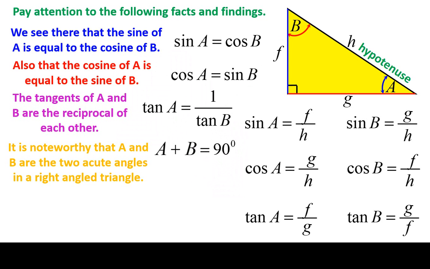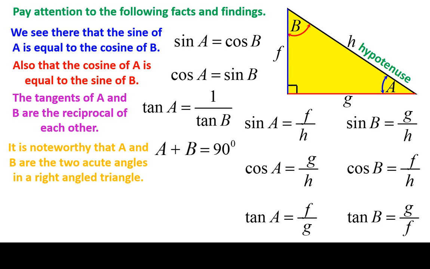The easiest place to find complementary angles is in a right-angled triangle. The two acute angles in all right-angled triangles have a sum of 90 degrees. However, as you imagine, complementary angles are not limited to right-angled triangles.